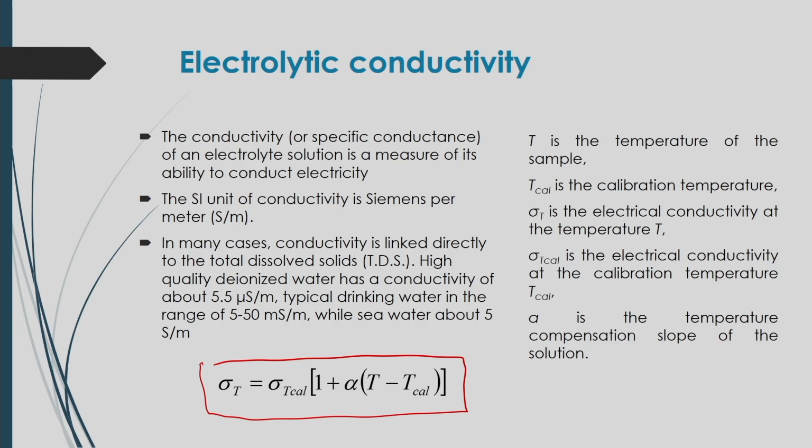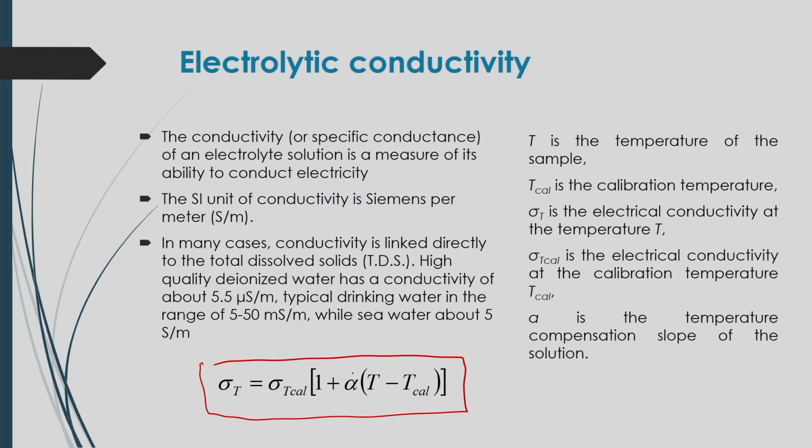High quality deionized water has a conductivity of about 5.5 microsiemens per meter. Typically drinking water is in the range of 5 to 50 millisiemens per meter, while sea water is about 5 Siemens per meter. So, if you know the temperature, you can easily calculate the electrolytic conductivity for a particular solution.